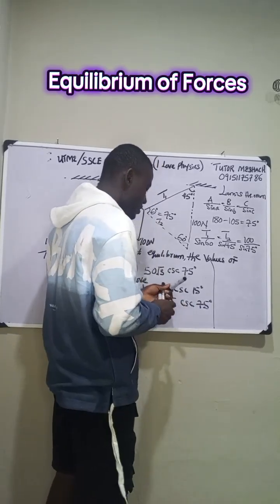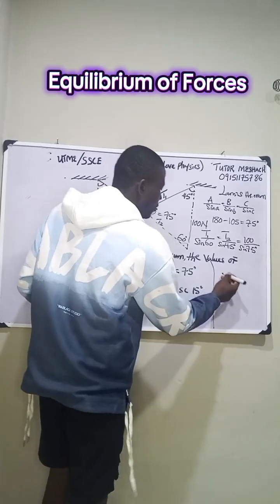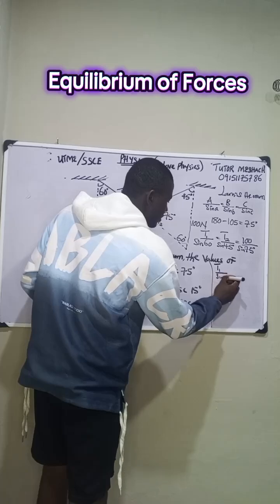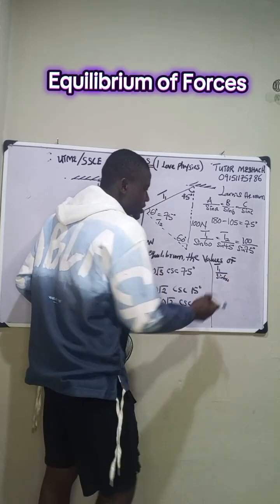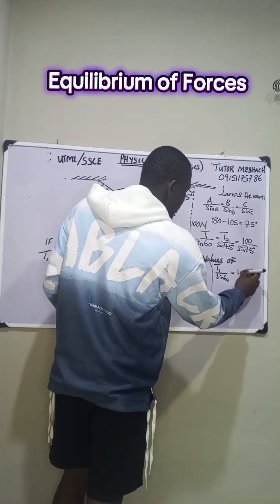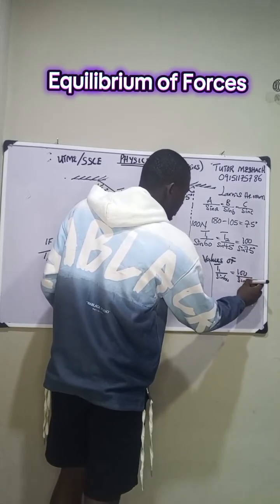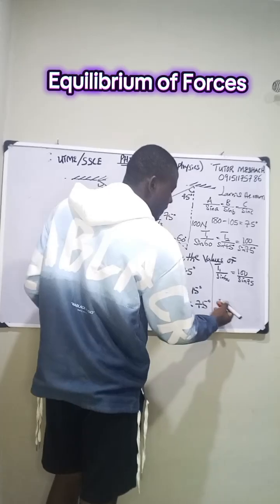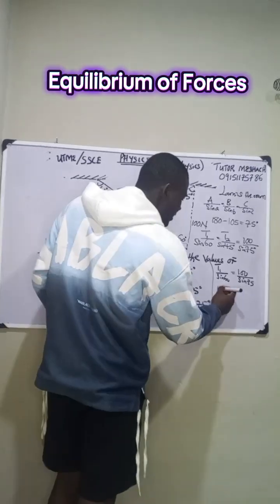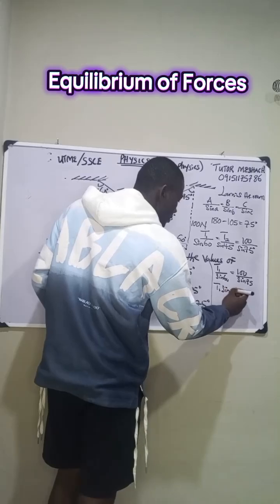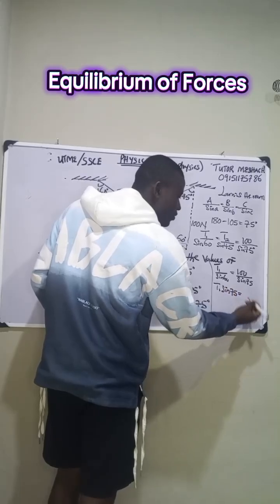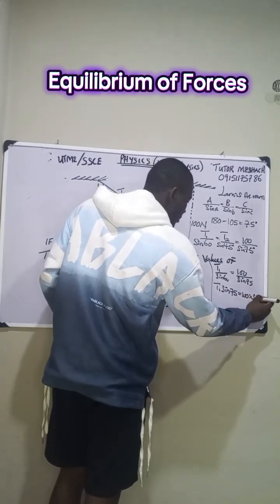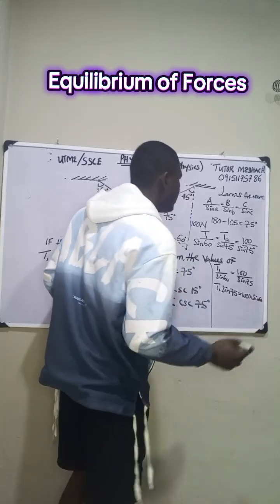If you are comparing T1 and this one that we know, what you are going to have is that T1 over sine 60 is equal to 100 over sine 75. Let's make T1 the subject of the formula. If you cross multiply, we have T1 sine 75 is equal to 100 sine 60.